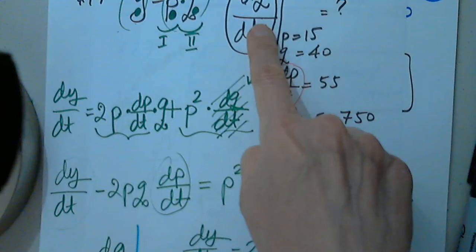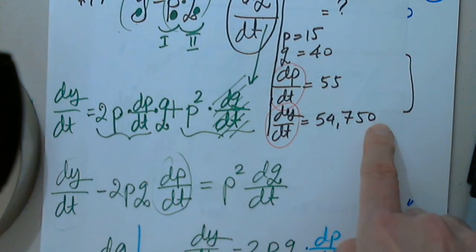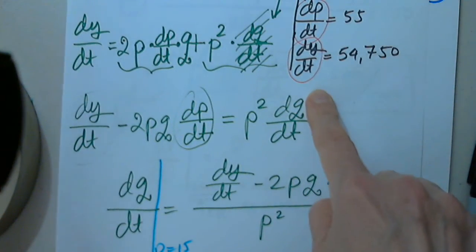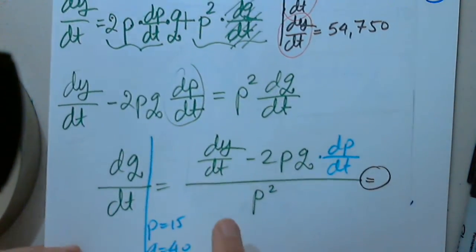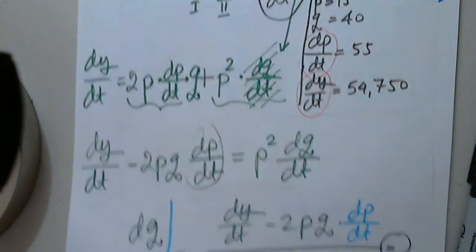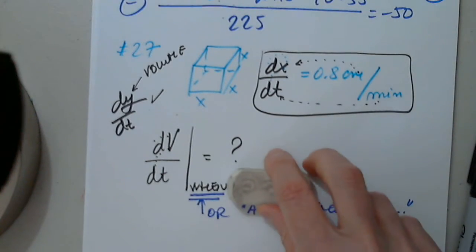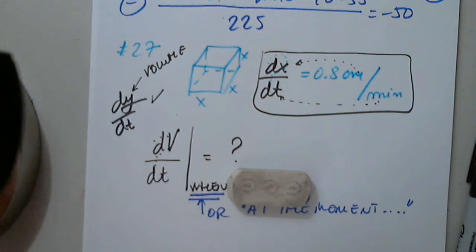So all these meant nothing to us till the last step, after we determined dq over dt. Same thing here. Whatever follows after when does not exist for us.